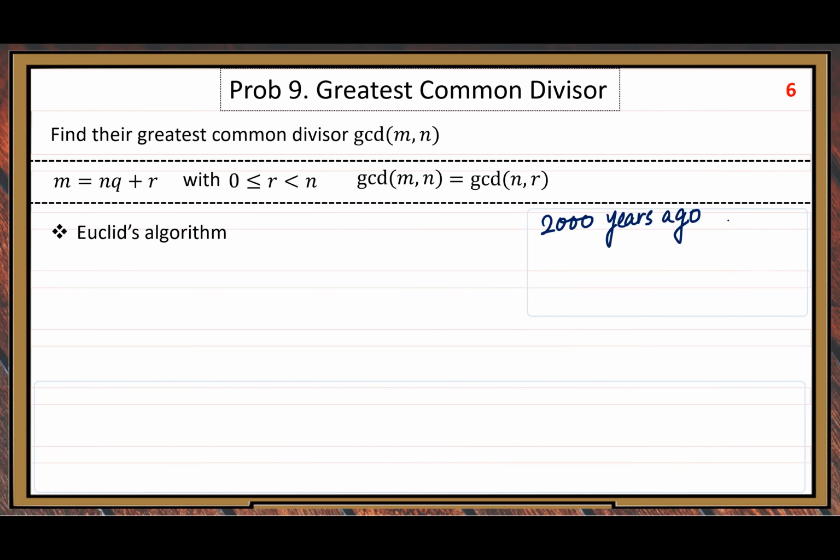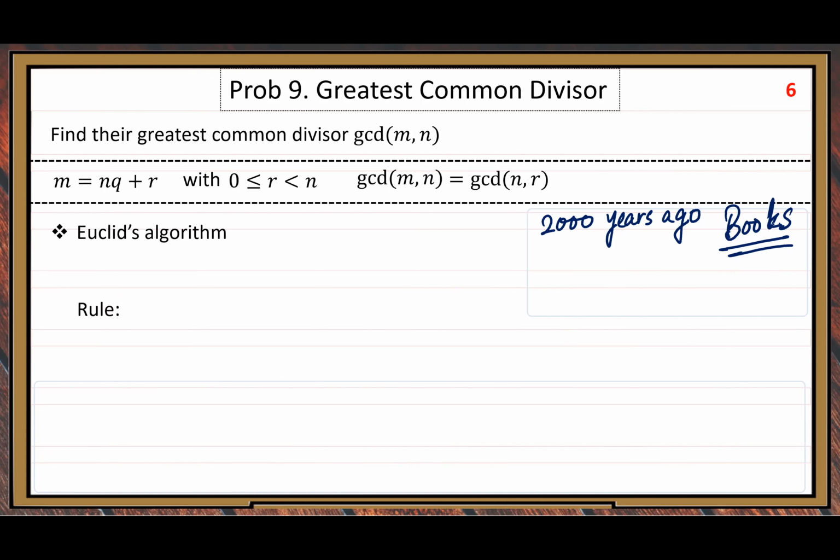So it's just called the Elements, as I remember. And inside it covers all the basic math theory, geometry, number theory. And this Euclid's algorithm was one of the main results in that book's volumes.